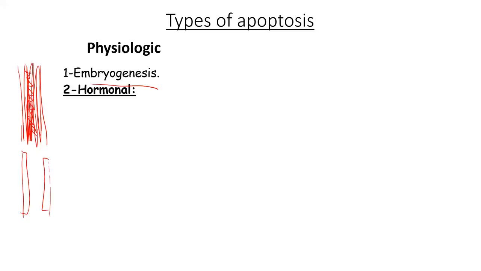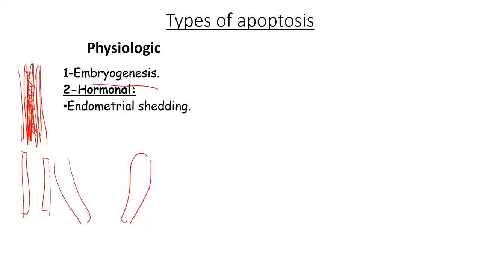We may have physiologic hormonal apoptosis, for example, endometrial shedding. Remember the endometrium that we have. We talked about the endometrium, and we said that the endometrium is the lining of the uterus.